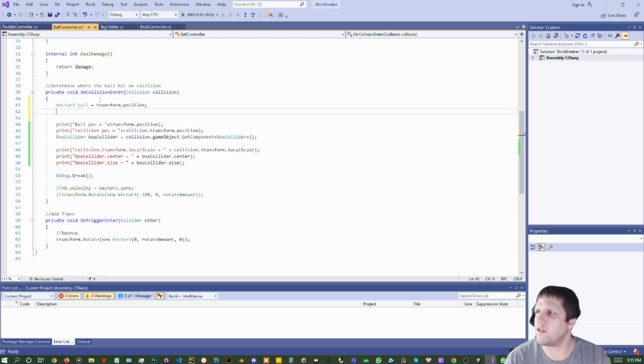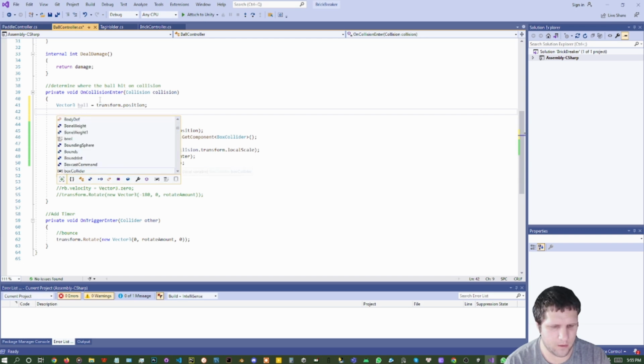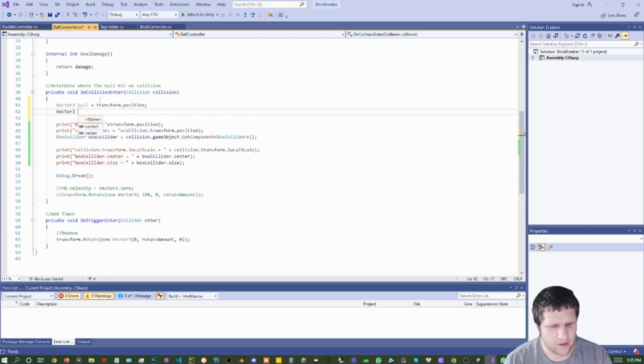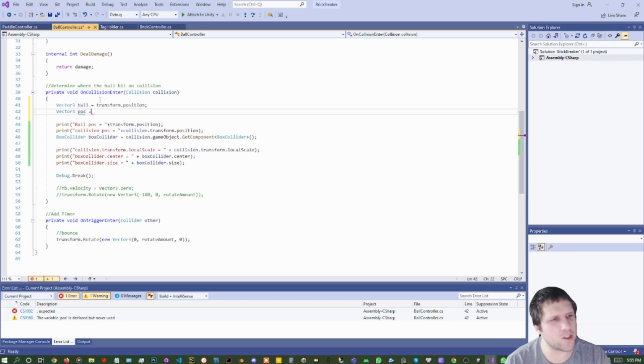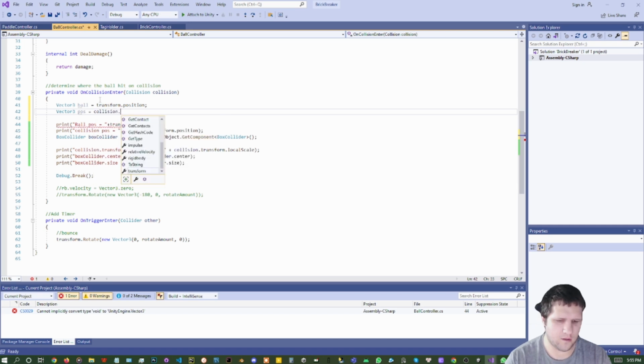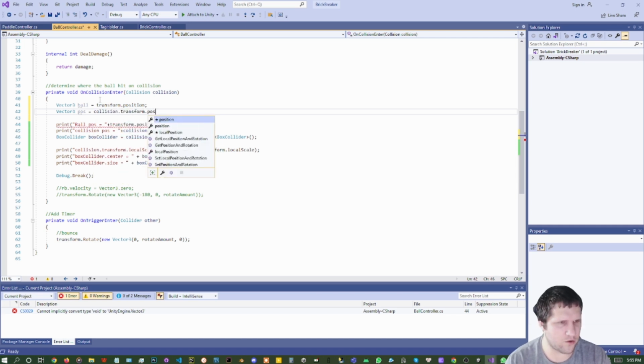We'll say the vector 3 position equals collision dot transform dot position.